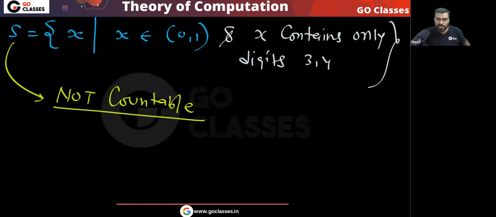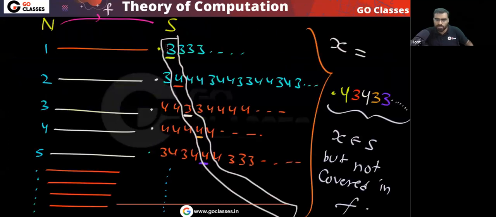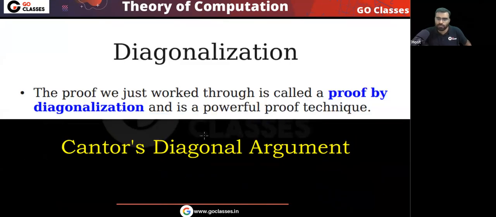So this set is uncountable, and because we are focusing on this diagonal, this method is called diagonalization proof.